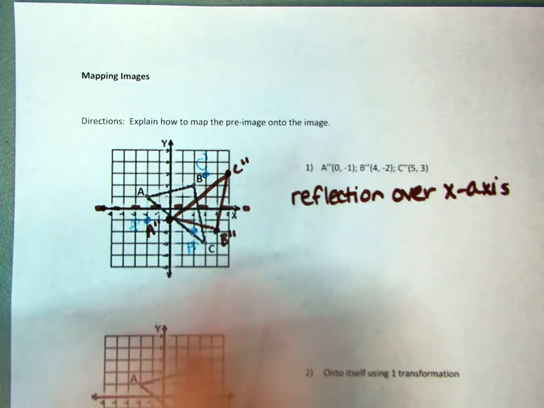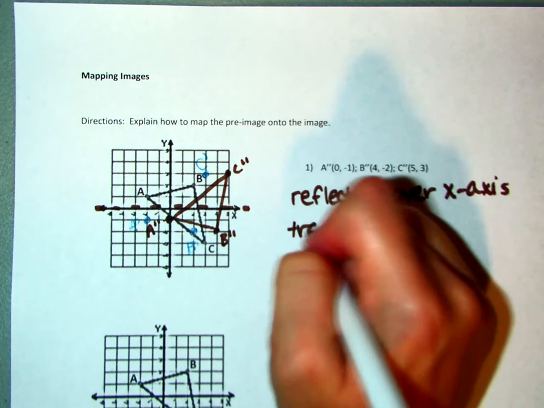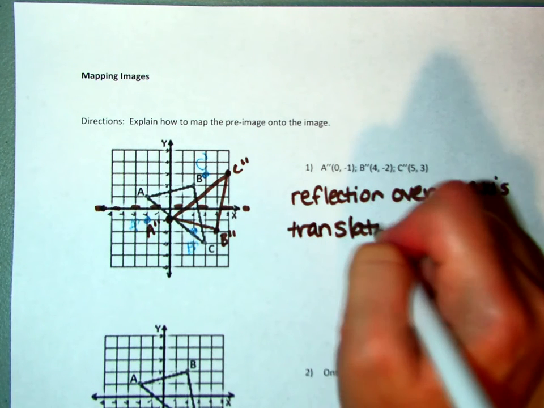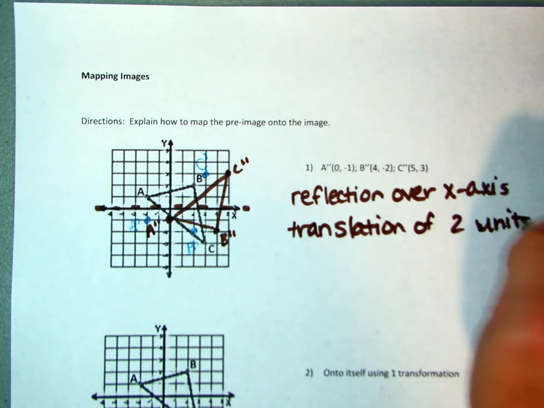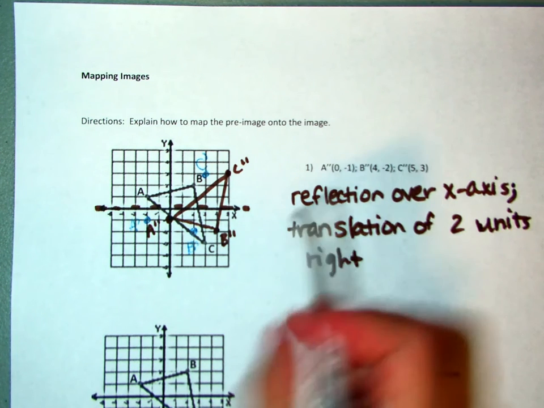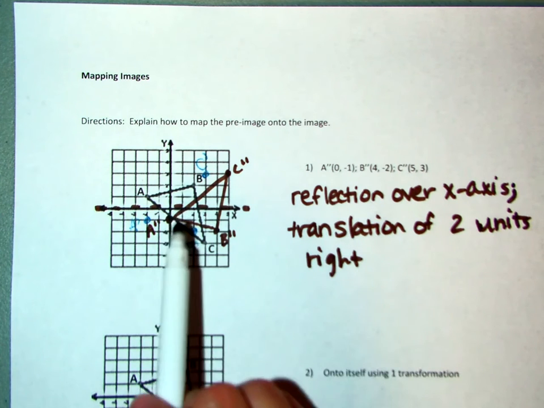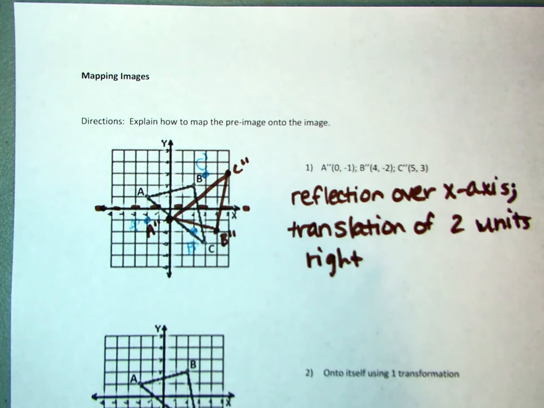And so now I can say, well, I see that the next transformation is going to be a translation of 2 units right. And that would create a sequence of transformations in which we can get from this pre-image to this image. It doesn't mean it's the only way. There are other ways that this can work. However, it's just one path to getting there.